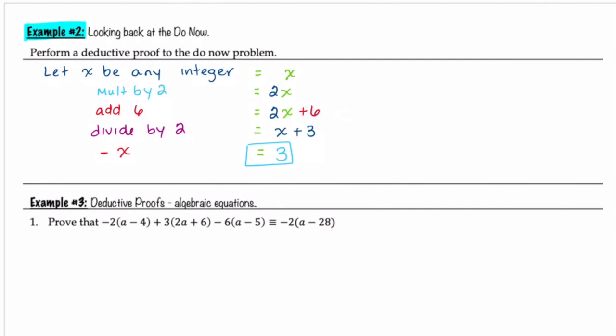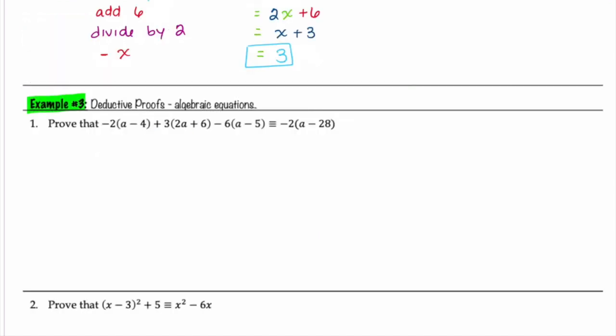Let's look at example number 3. Algebraic equations. We are going to prove that the left-hand side is equal to the right-hand side. And if you notice here, we have our notation. So I'm going to start off by applying distribution.